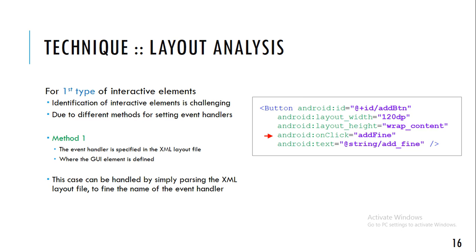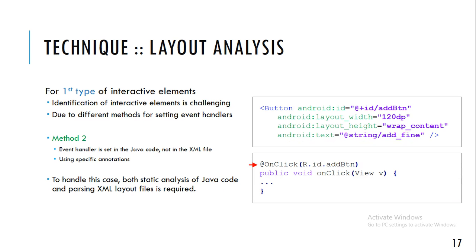The first method is to set the event handler in the XML layout file where the widget is being declared. In the XML code shown on the right, you see a button widget is defined and its on-click listener is set immediately. To find such interactive elements, we need to just parse the XML layout file, and it's quite easy.